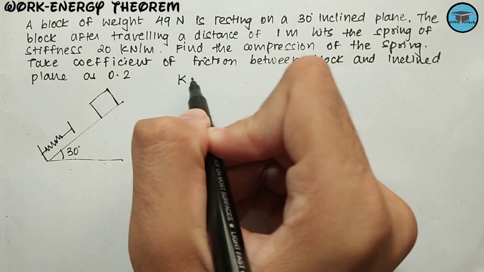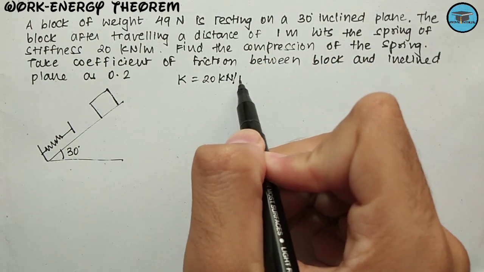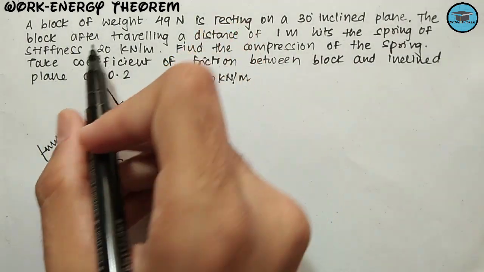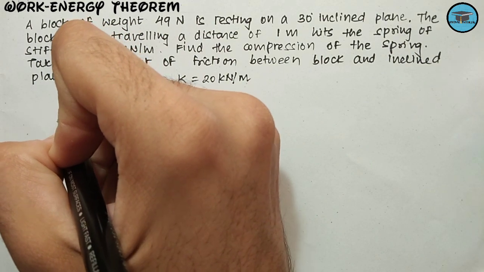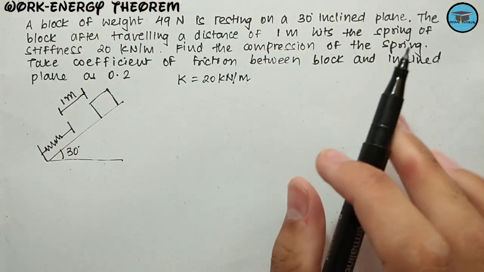So the value of K is given as 20 kilonewton per meter, and the distance traveled by the block before hitting the spring is 1 meter.